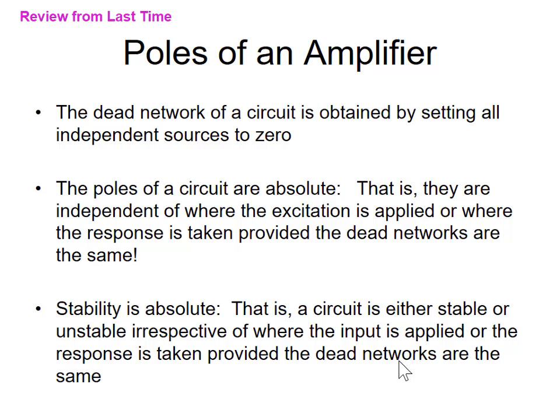Can somebody give me an argument as to why the poles of a network will always be the same, irrespective of where you take the output and where the input comes from? You always have the same number of storage elements in the network. Okay, so the order is the same. Yeah. There's a big difference between saying the order is the same and saying the poles are all the same.